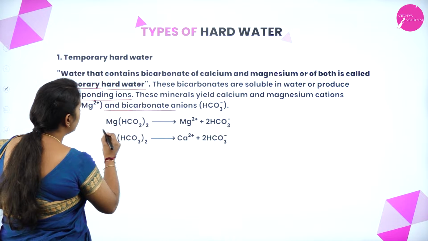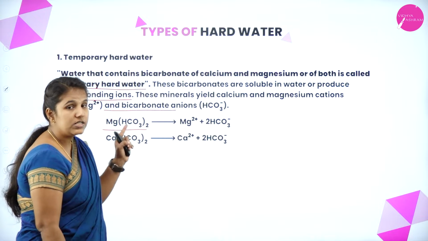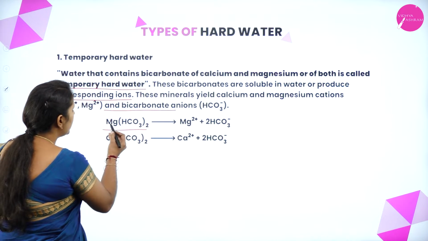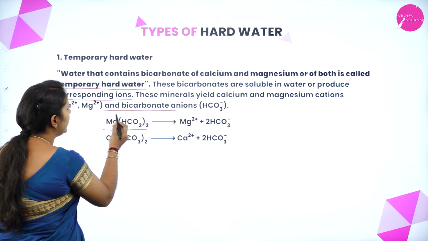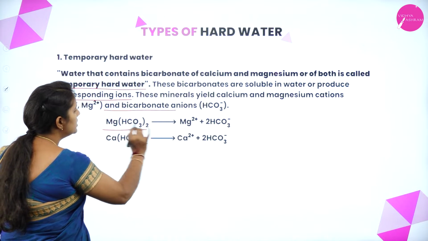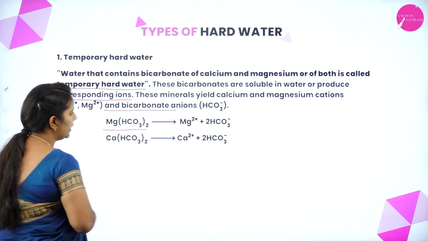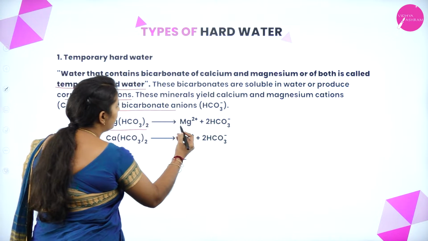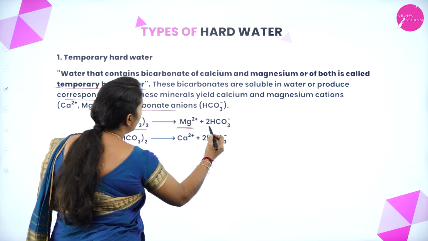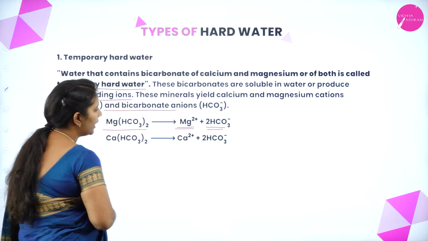You can see here that is Mg(HCO3)2. So here you can see that this is magnesium bicarbonate. During this process, when it is dissolved in water, you can see that it forms a magnesium cation and bicarbonate anion.